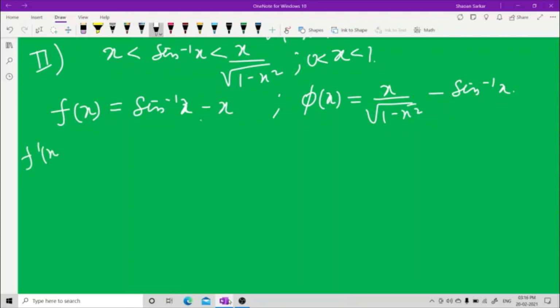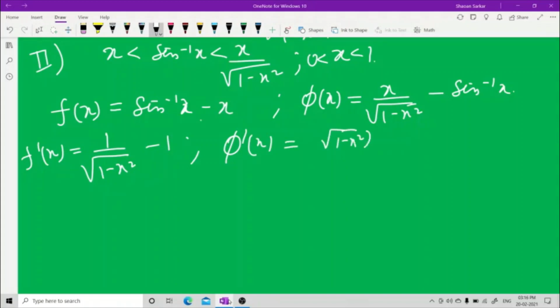Here f dash x is 1 upon under root 1 minus x square minus 1. And for phi dash x, use the numerator denominator rule, equal to under root 1 minus x square into 1 minus x d/dx of under root 1 minus x square whole.